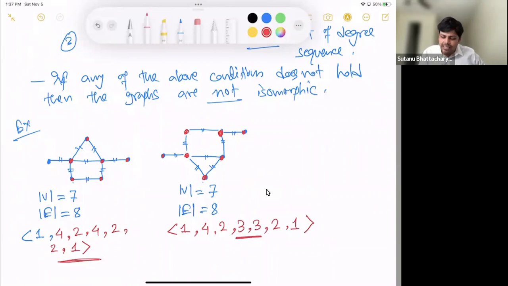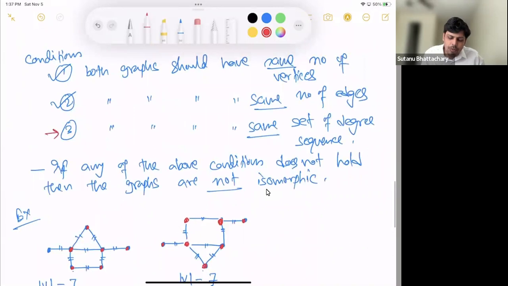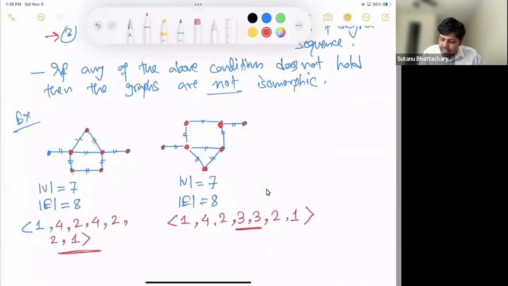So condition 3 doesn't hold here, because it says that both graphs should have the same set of degree sequence. But here we have found that the degree sequences are not the same for both graphs. Hence, these two graphs are not isomorphic.